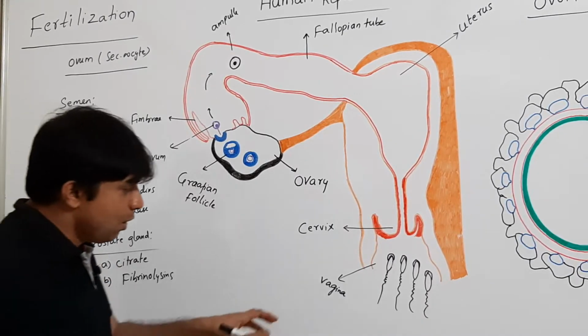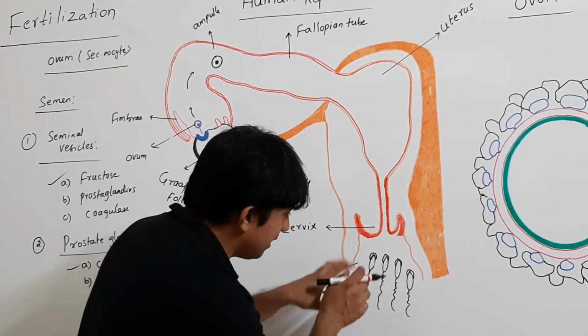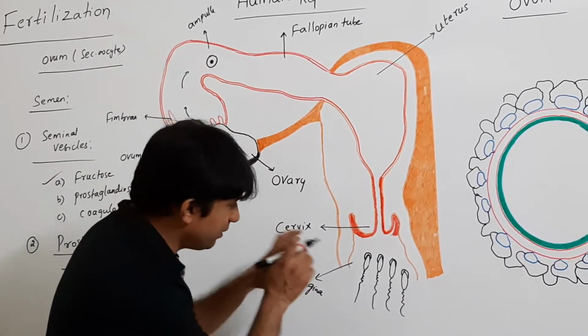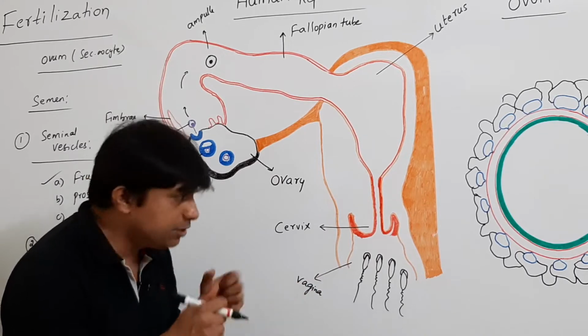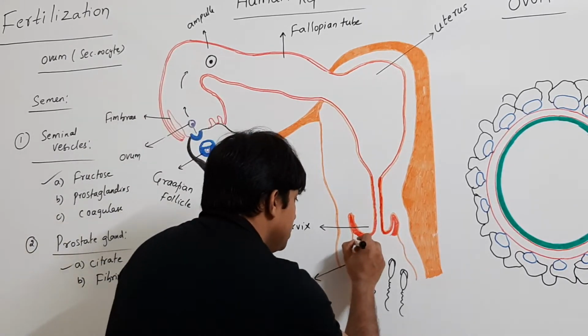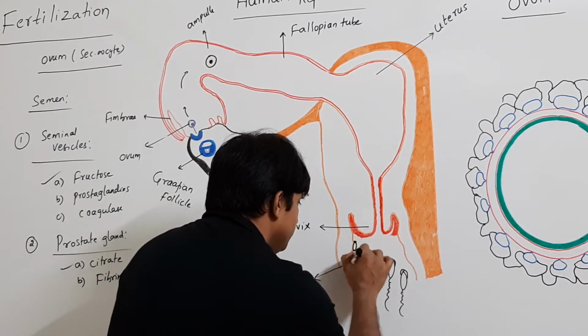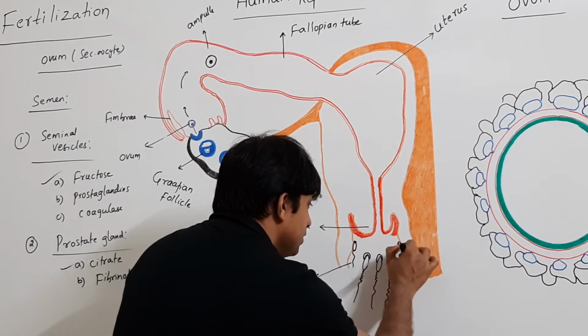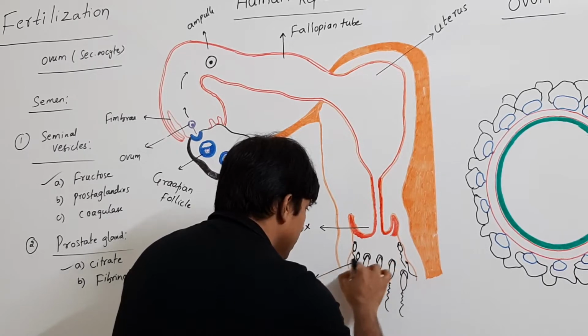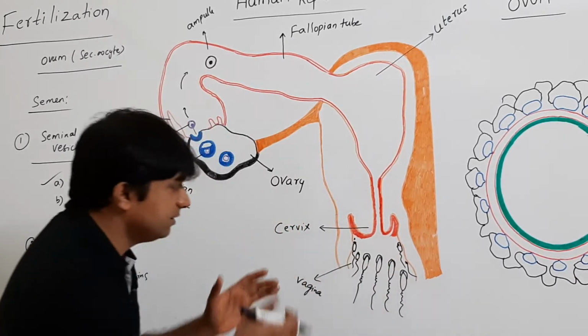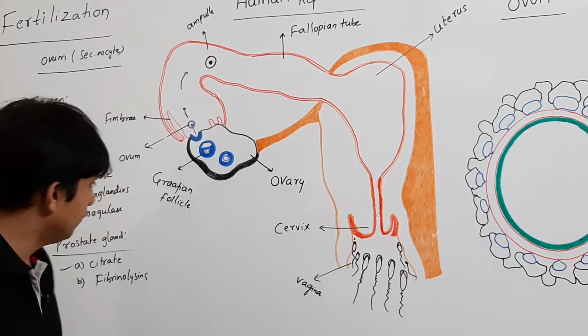Fine. Next, once the sperms are inseminated into the vagina of the female, the sperm need to conserve energy. So some of the sperms attach or get stuck to the wall of the vagina, right?